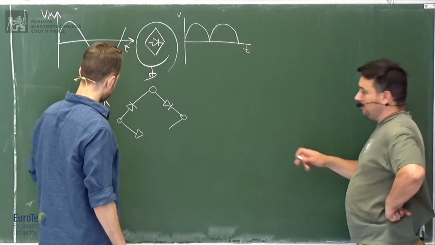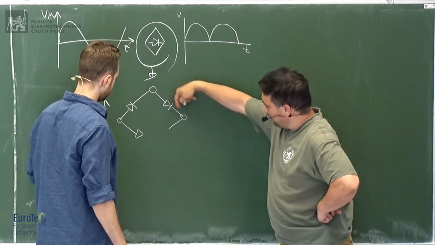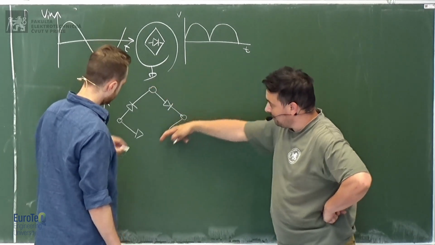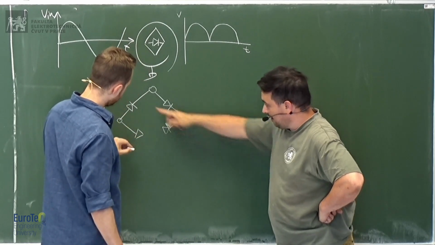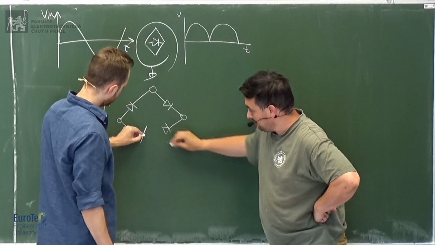A mnemonic rule is this. It cannot be in the same direction because otherwise the current will be shorted, right? Again, also this cannot be in the same direction, okay?